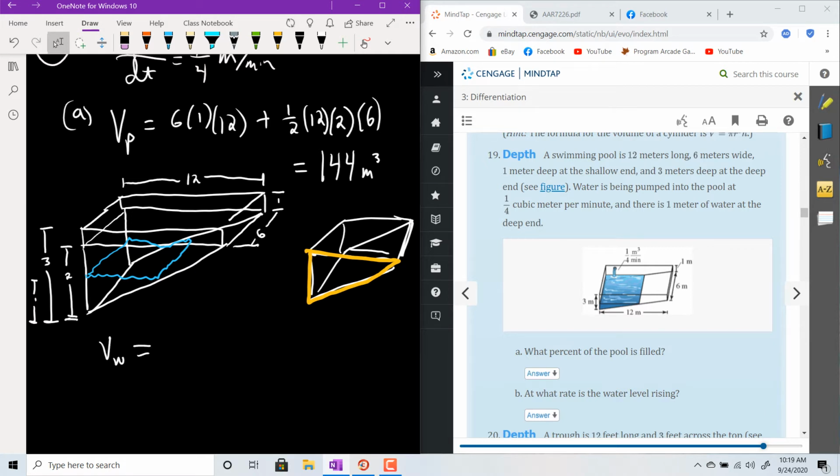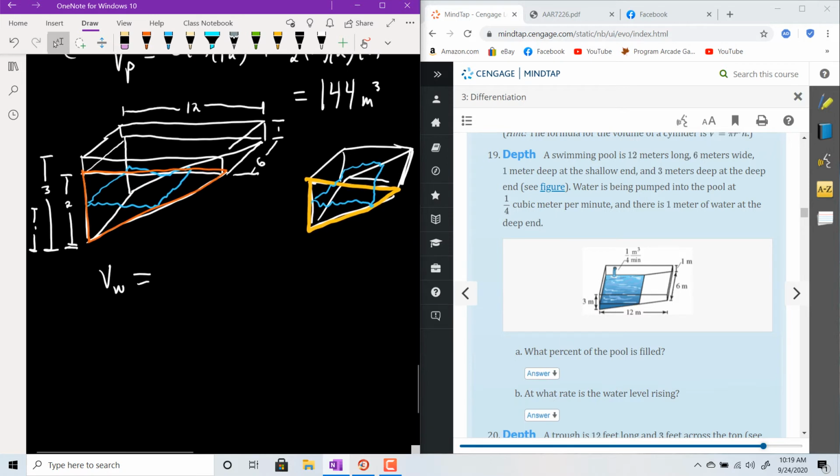Then the volume of the water is a little more work. In particular, you're going to have to use similar triangles now. You have this situation going on with the water. If I draw it in red, I want to look face on at this part of it, and then use similar triangles to figure out the volume of the water.